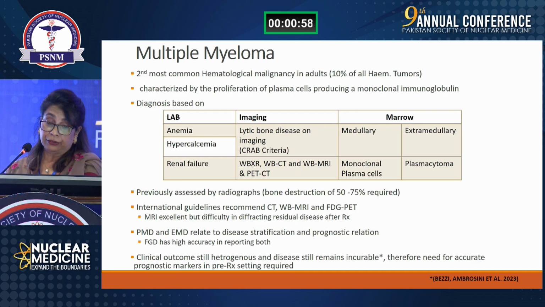MRI is excellent but difficult in differentiating between residual disease and active disease after treatment. The paramedullary and the extramedullary appearance of these myelomas is very important, and like I said, they have a bad prognostic relation and should be identified, and the only way to identify them is by scanning the whole body, in which PET-CT has a major role to play.